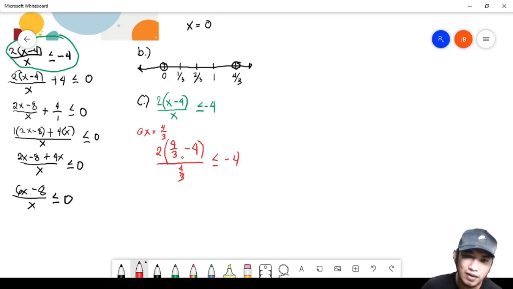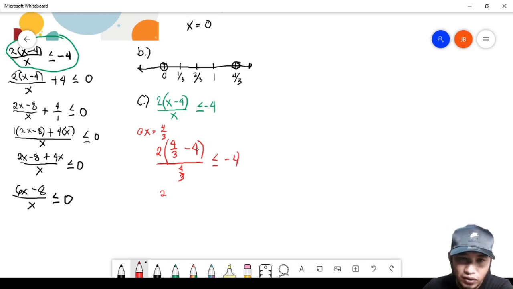Okay? So, ilang 3 ang meron kay whole number na 4? That is 12. Or, ganito na lang. Mas madali ito. Okay? So, 3 times 4, that is 12.